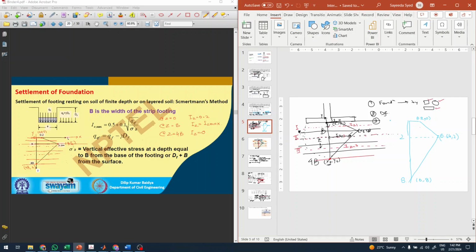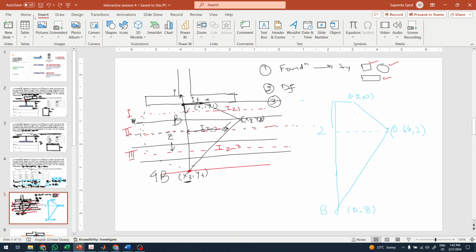Now let us superimpose the layers of our foundation soil over this.